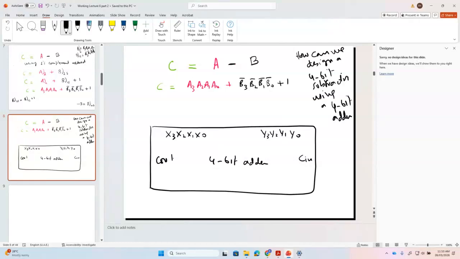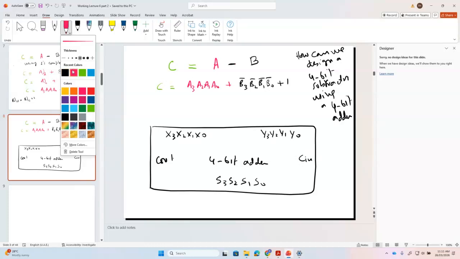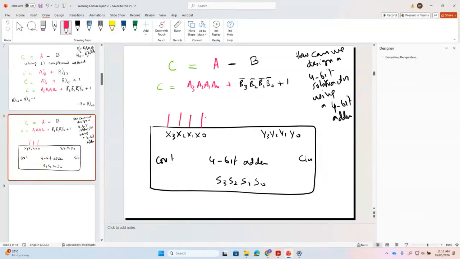Now, where should I connect A? Can anyone tell me? We have outputs S3, S2, S1, and S0. What should be the values of X0, X1, X2, and X3? I can connect A0, A1, A2, and A3 here. And where should I connect B?